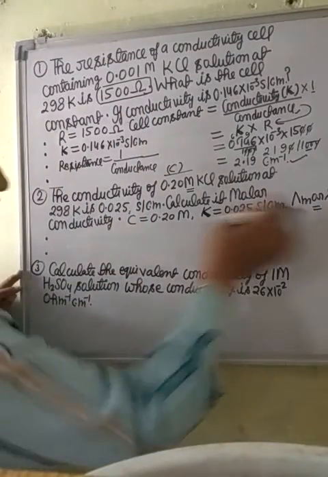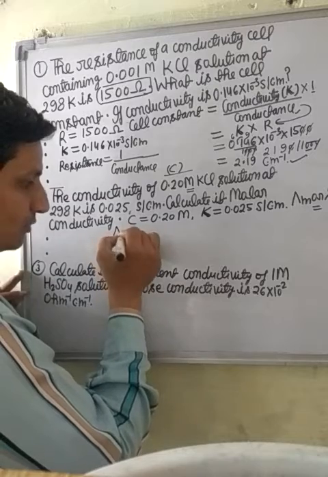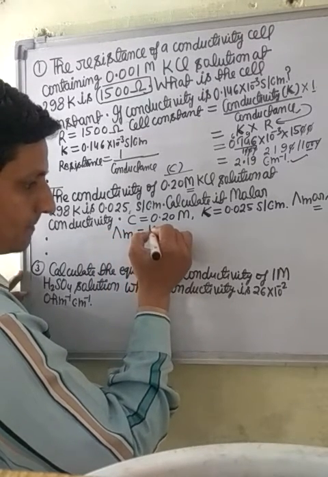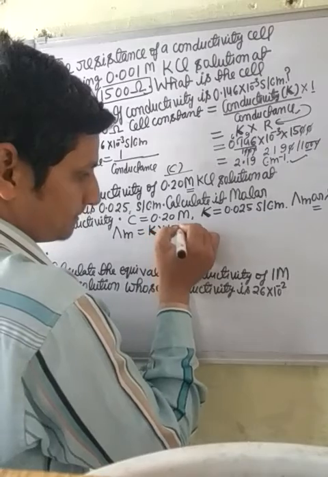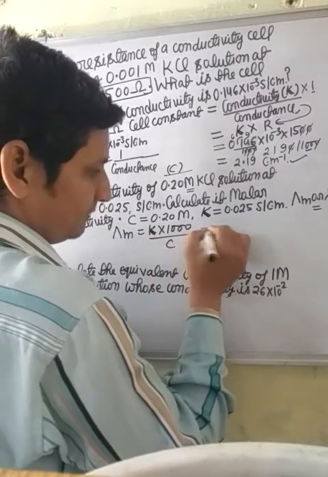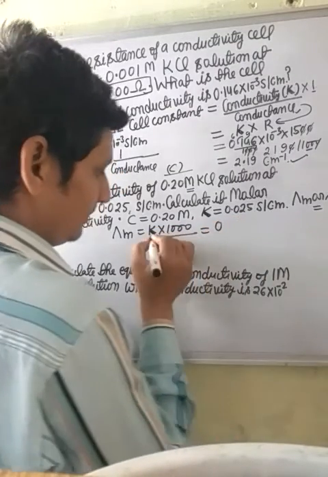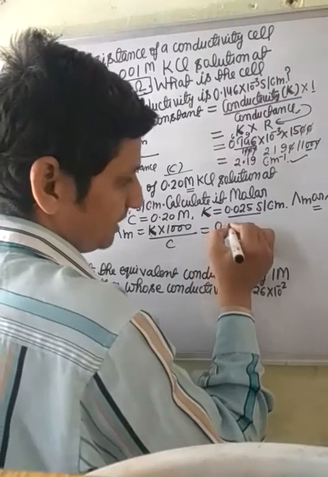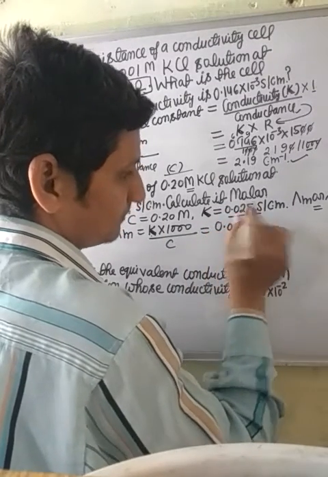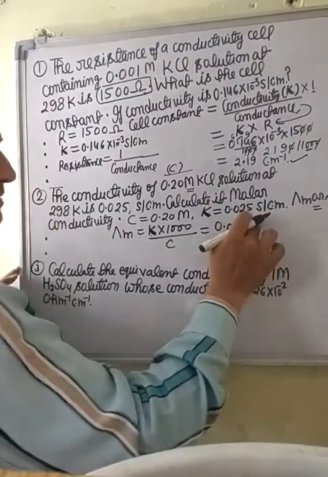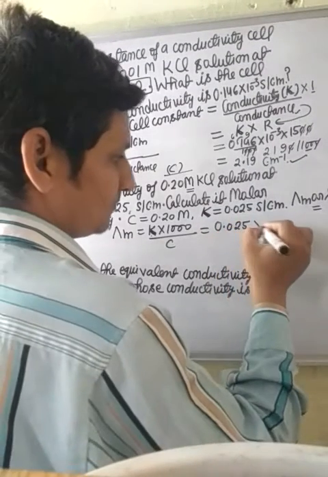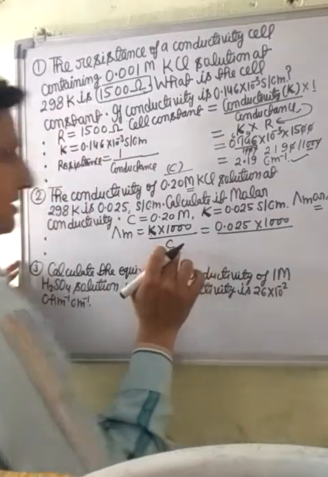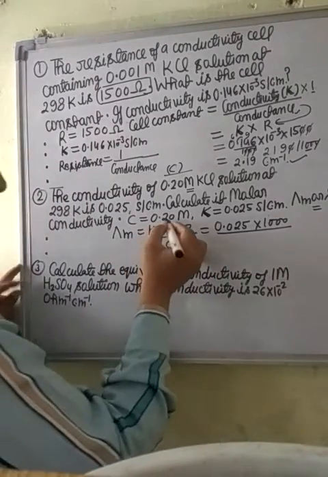So the formula of molar conductivity lambda m is equal to kappa into 1000 upon C. The value of kappa is given as 0.025 Siemens per centimeter, into 1000, upon concentration. The value of concentration is 0.20.